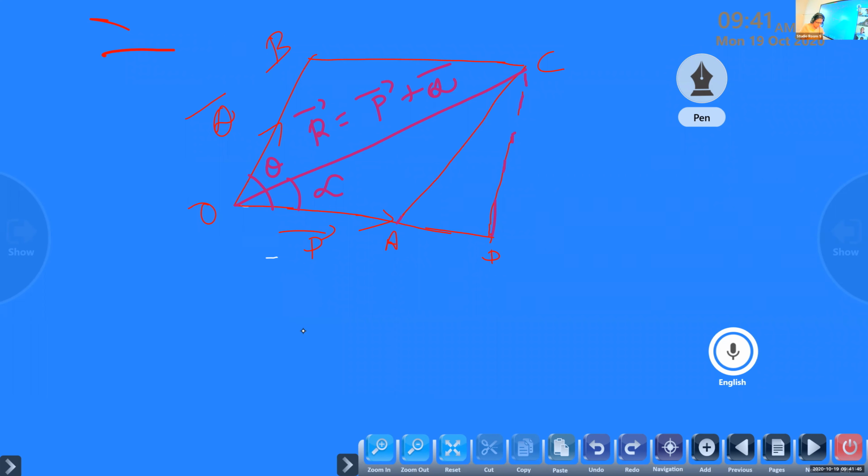Okay. So we can just write, let P and Q be two vectors represented by adjacent sides of parallelogram OACB.